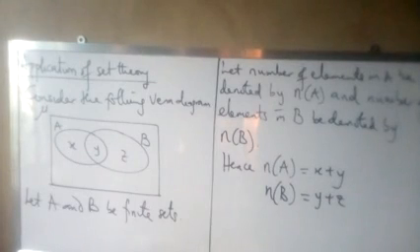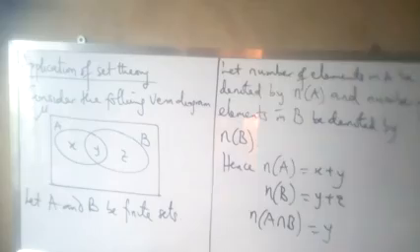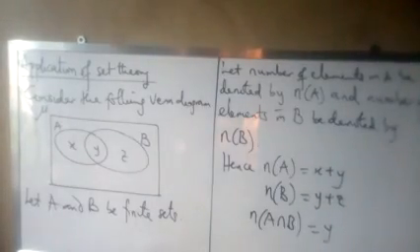Now there is an intersection between A and B. The number of elements we have in the intersection equals Y, as you can see.